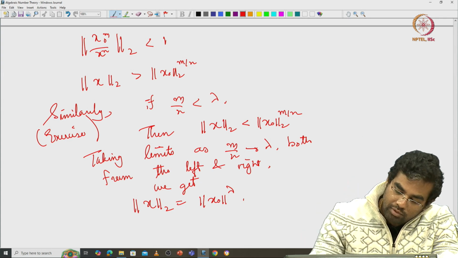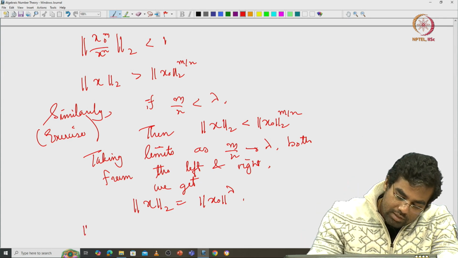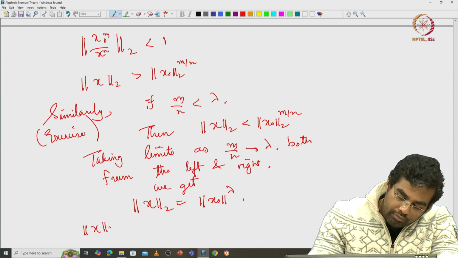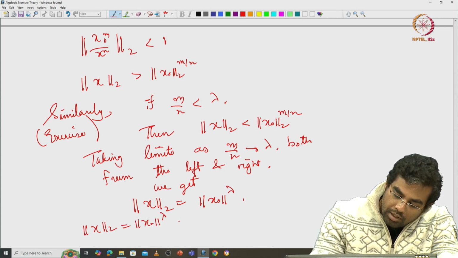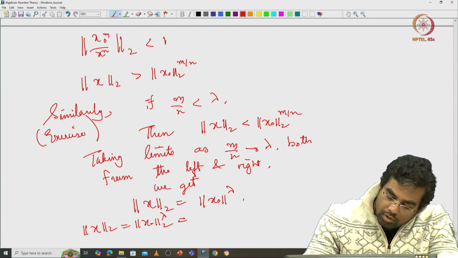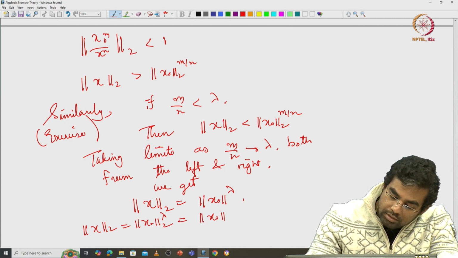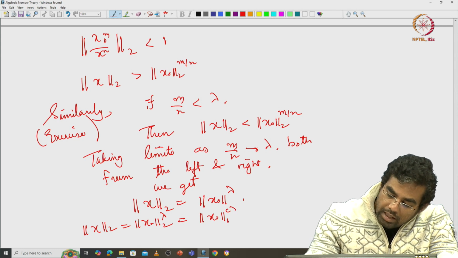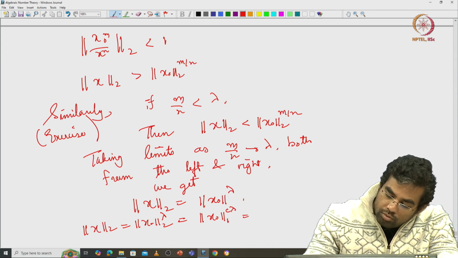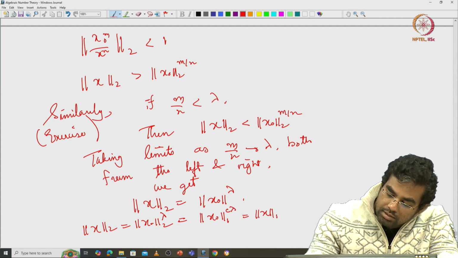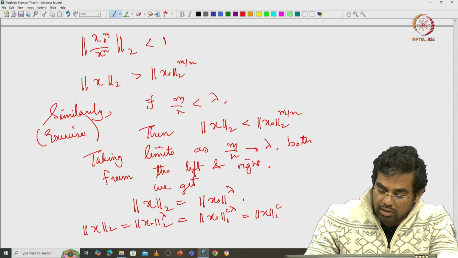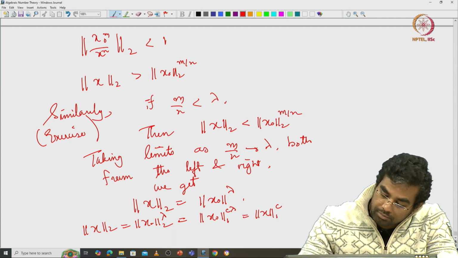All right, and what does that tell you? So that tells you that the second valuation of x is the second valuation of x0 to the lambda, which is equal to the first valuation of x to the c lambda, which is equal to the first valuation of x to the power c, and that is what we wanted, right.